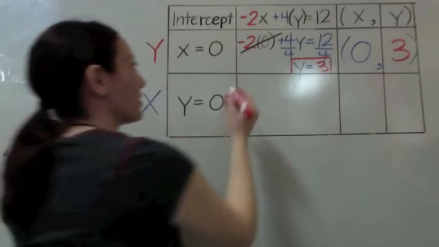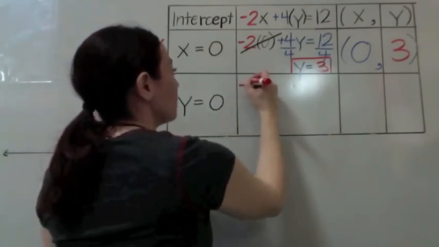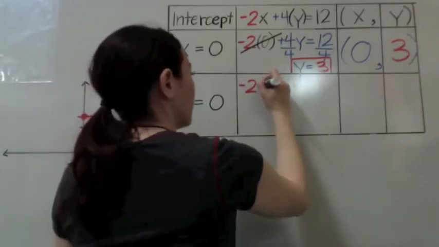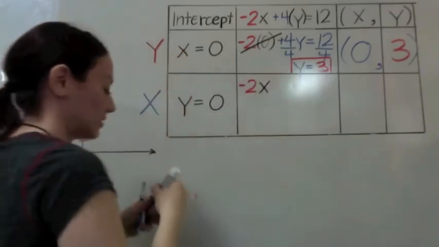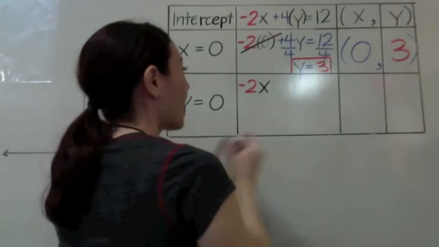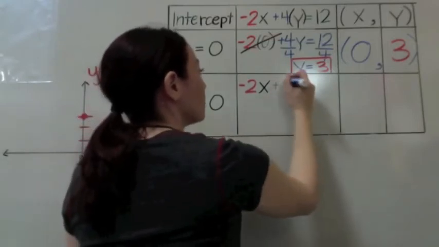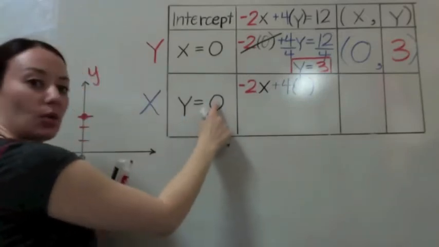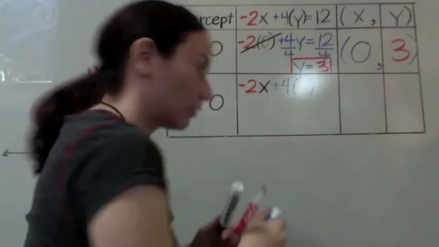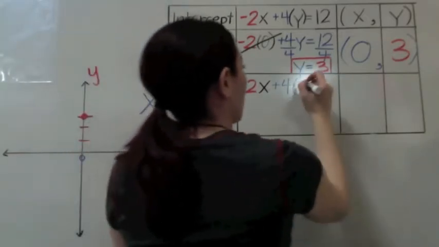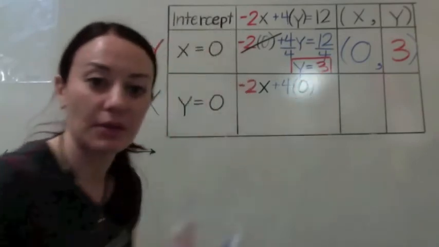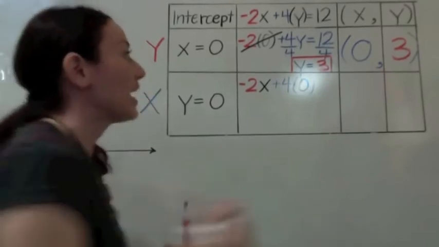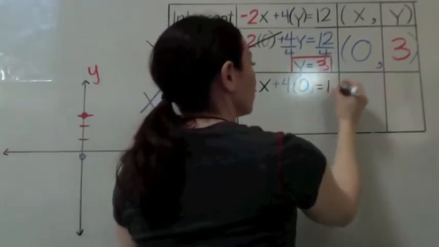This time, I'm going to have -2x, and I'm going to add 4 times what? What am I putting in the place of y? I'm putting 0. Can you see that? Okay. 4 times 0. And it's still going to equal 12, isn't it?